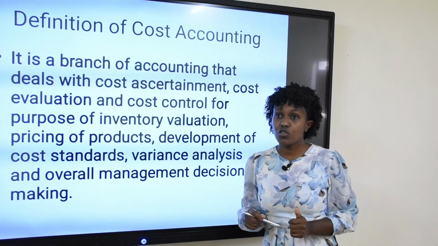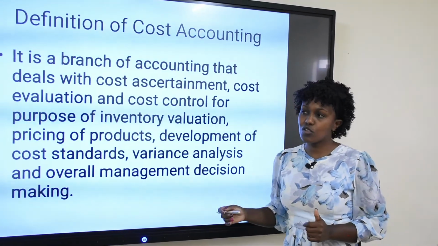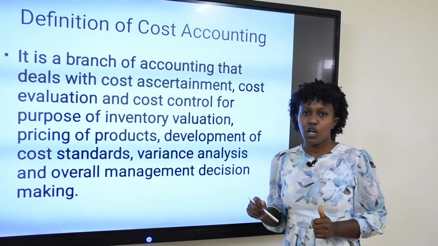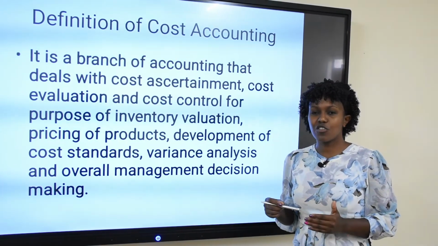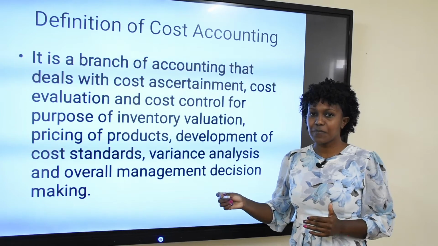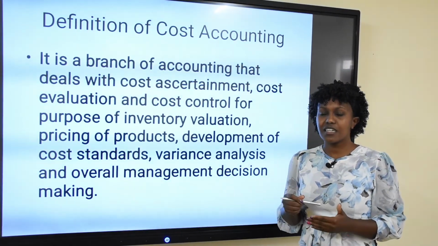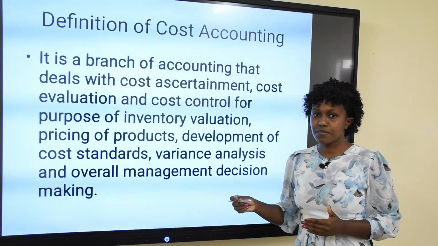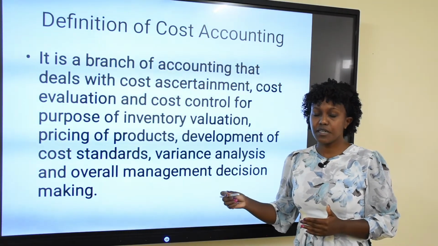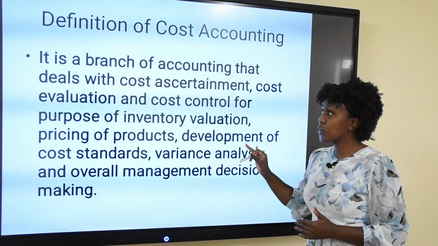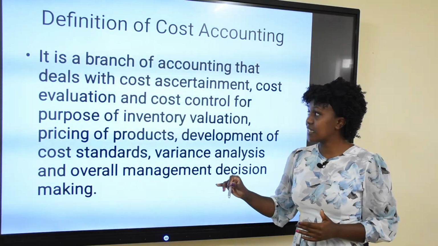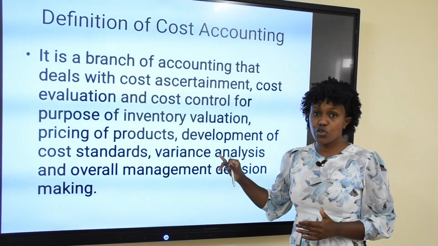Once you ascertain the cost, you also evaluate the cost. When you talk about cost evaluation, we are comparing this cost based on an agreed standard. You're going to look at what standards are later, but a standard is a predetermined cost, for example, of a product. So we do cost evaluation by comparing it with the standards, and then we do cost control.